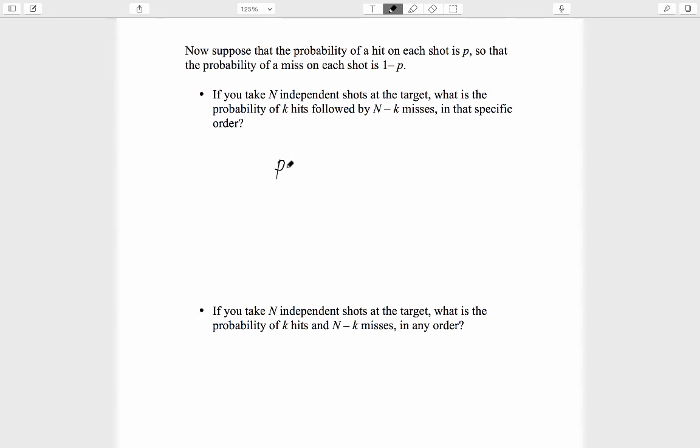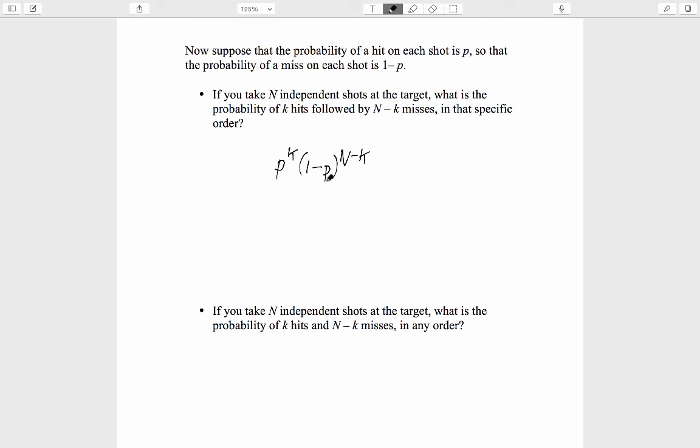Instead of 0.7, we have little p raised to the number of hits times 1 minus p instead of 0.3 raised to the number of misses. Right? If you have hit, k times, followed by miss, n minus k times, for each hit there's a p, and we have a certain number of them multiplied together, and for each miss there's a 1 minus p, and we have a certain number of them multiplied together.